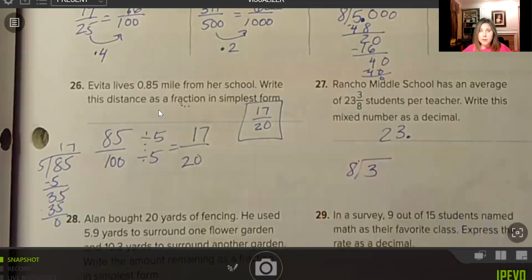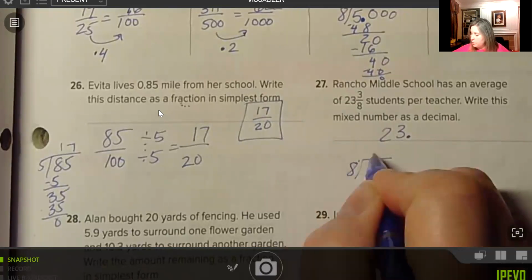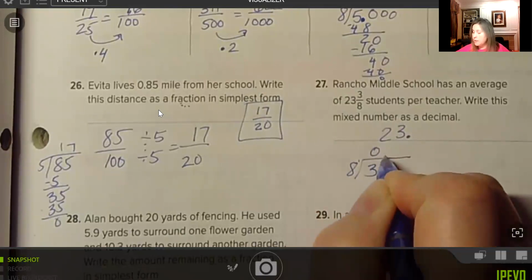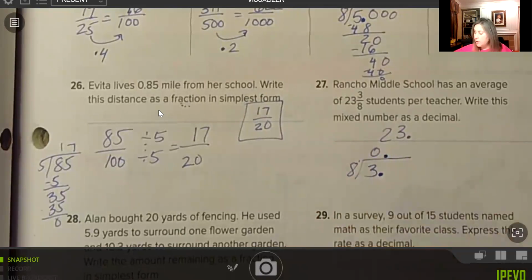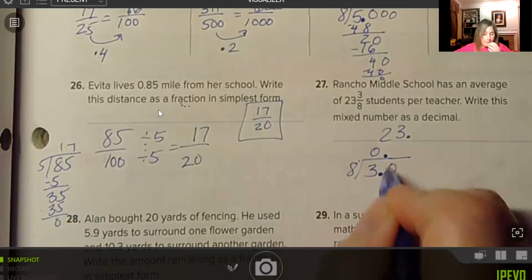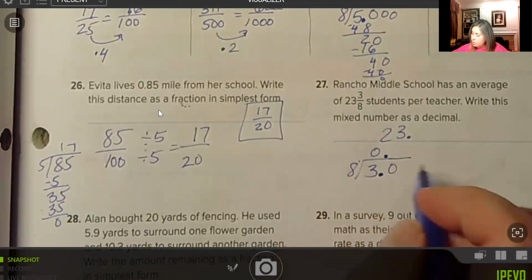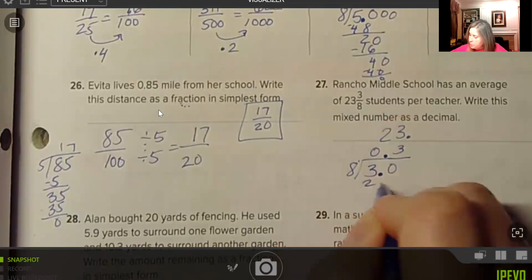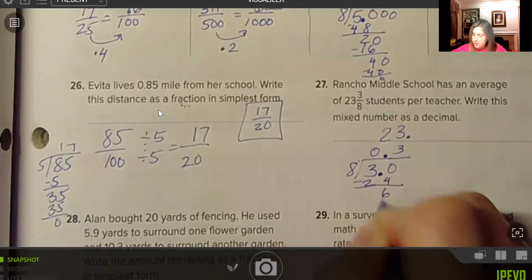3 divided by 8. 8's too big to go into 3, so we put a 0 above the 3, add a decimal, bring it straight up, and then annex a 0. 8 can go into 33 times. 3 times 8 is 24. We get 6.